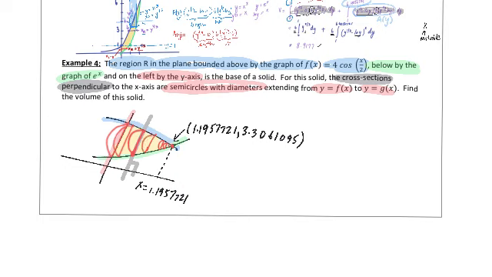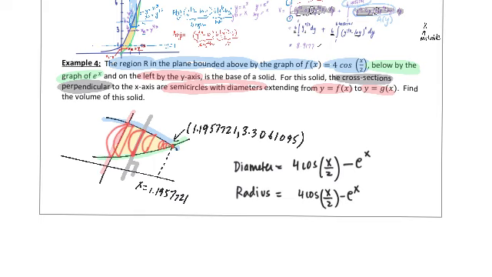So pretty simple, honestly, because our diameter of the semicircle is equal to y high, 4 cosine x over 2, minus y low, which is e to the x. That's the diameter. If I want the radius, right, which I'm going to need for my area, that's going to be this diameter divided by 2, okay?